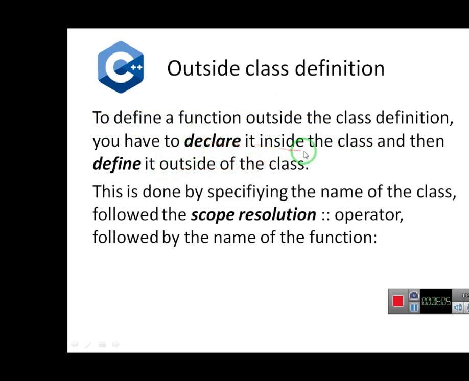Declare inside the class and define outside the class. Define means what we want to print out, and declare means just to name it. This is done by specifying the name of the class, followed by the scope resolution operator, the double colon sign, followed by the name of the function, meaning the method.